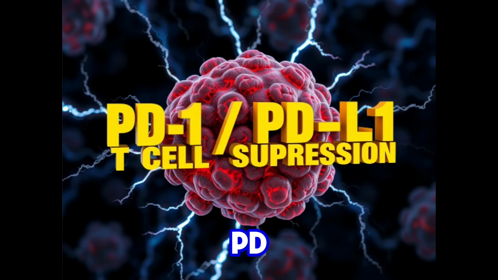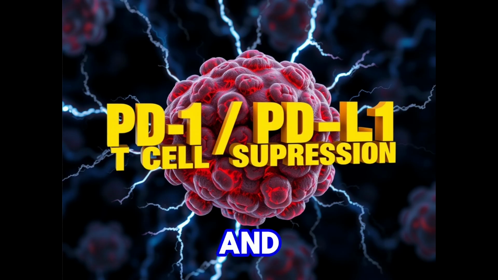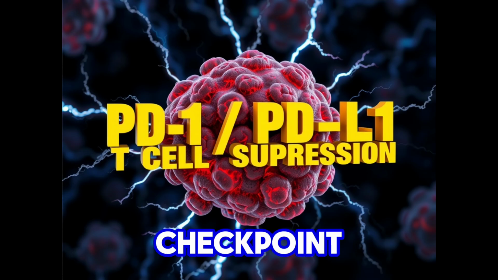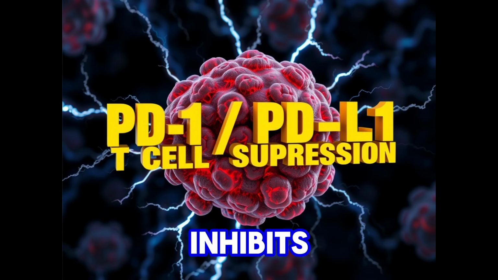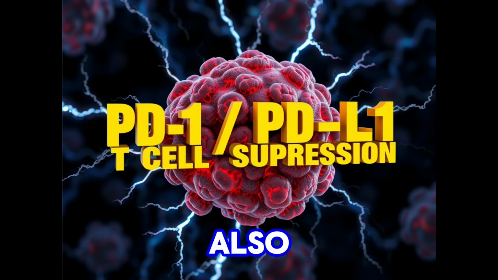The PD-1 on the immune cell is actually a programmed cell death protein, and it's expressed mainly on activated T cells and B cells and some myeloid cells, and it's a checkpoint receptor that inhibits immune activation to prevent overreaction. Then there's the PD-L1 expressed on tumor cells and also antigen-presenting cells, which are supposed to train the T cells.